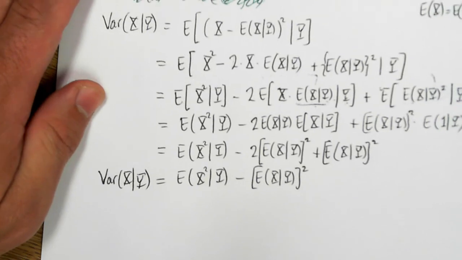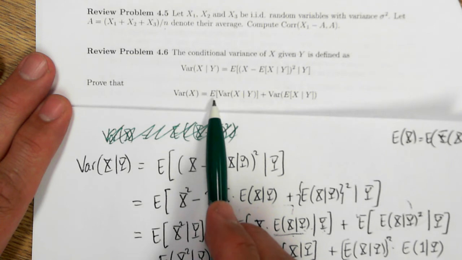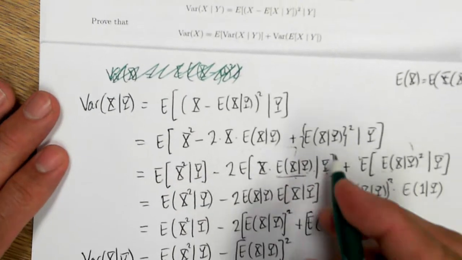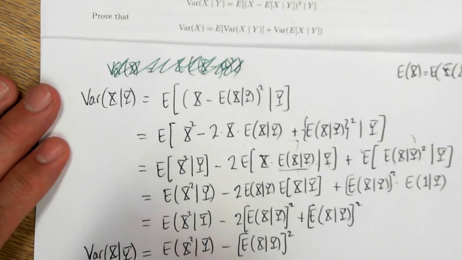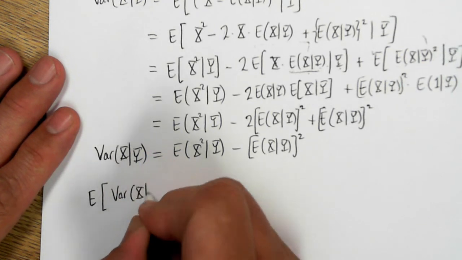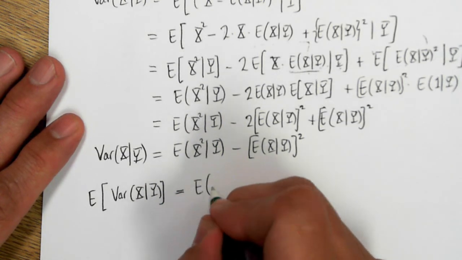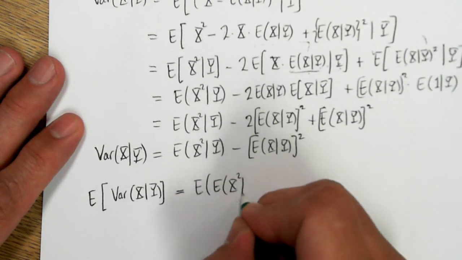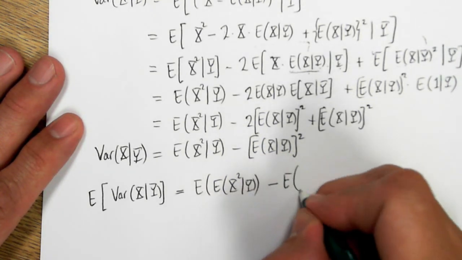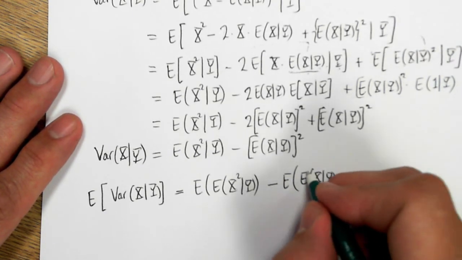Okay, now the question asks us to show that the variance of X is equal to the expected value of the thing that we just got plus this new thing. So to get started on this, let's figure out the expected value of the variance of X given Y. So that'll be the expected value of the expected value of X squared given Y minus the expected value of the expected value of X given Y squared.